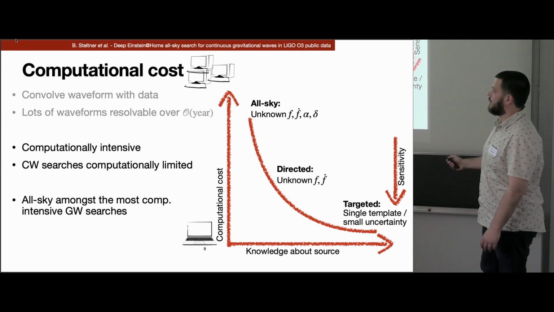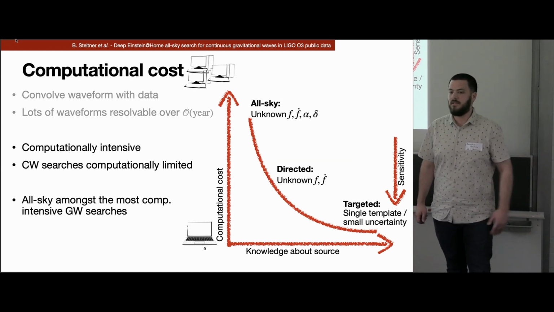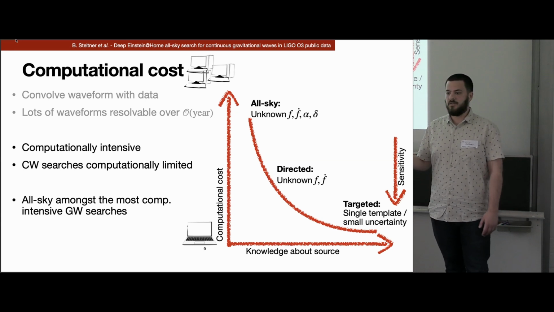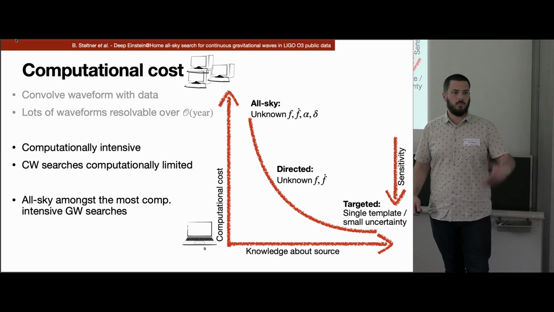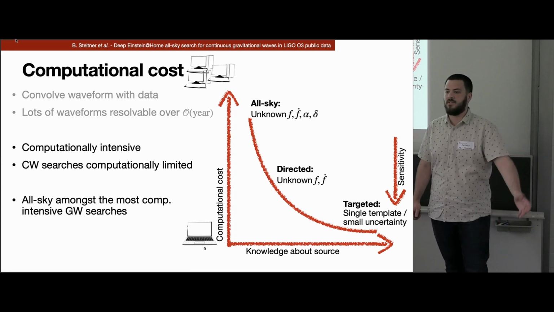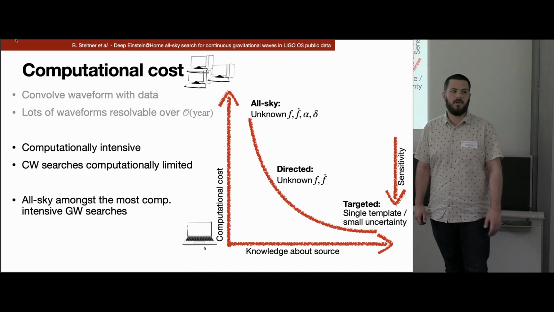However, if we look at a directed search, which Jing will talk about in the following talk, we target supernova remnants, for example, so possible neutron stars. So we know where in the sky it is, but not the frequency evolution. It's already quite expensive, and since we're computationally limited, less sensitive.